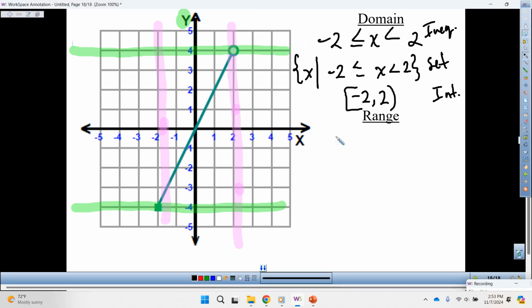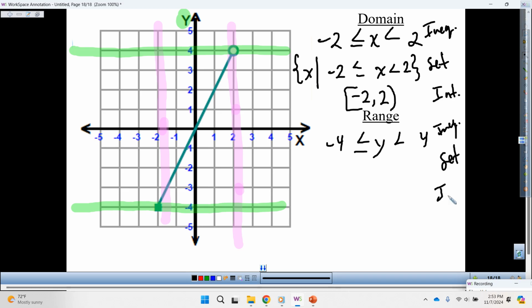That is correct. Negative 4 to 4. Y in between, arrows to the left. And Kayla, which one has the equal sign? The negative 4. That is correct. This is my inequality notation. Write down your set and interval notation, please.